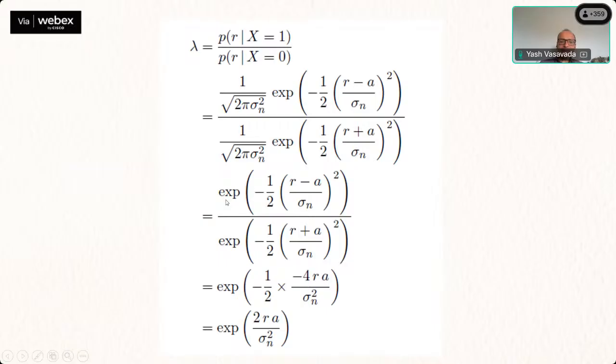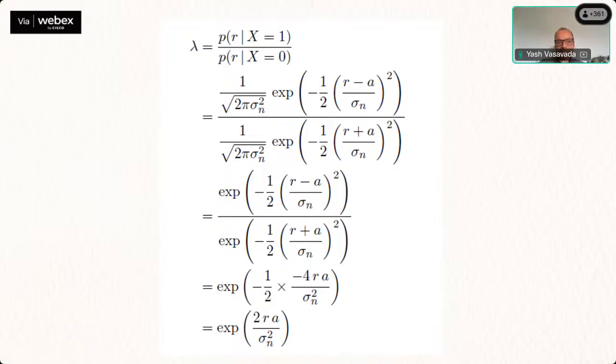Now, even inside the exponents, there are common terms like r squared, a squared, etc. Once I get rid of them, and then I combine the terms in the numerator and denominator, I get the fourth line. And then the last line is the simplification of the fourth line. So the likelihood ratio for the BPSK reception in the case of Gaussian noise is simply exponent of 2RA divided by sigma n squared.